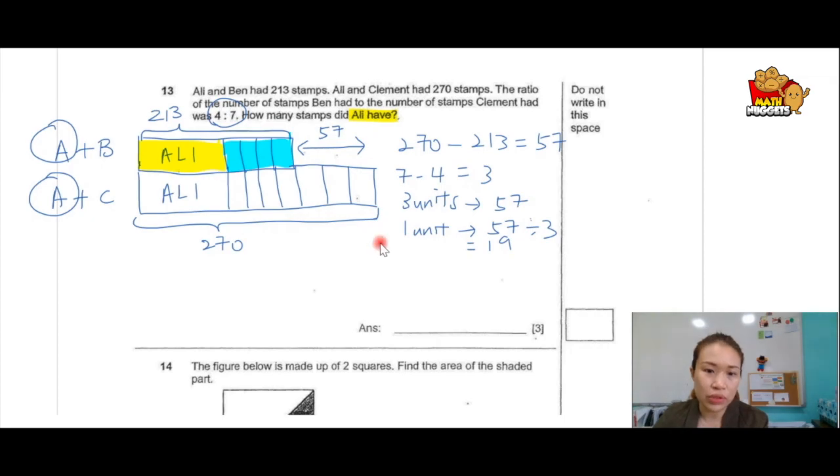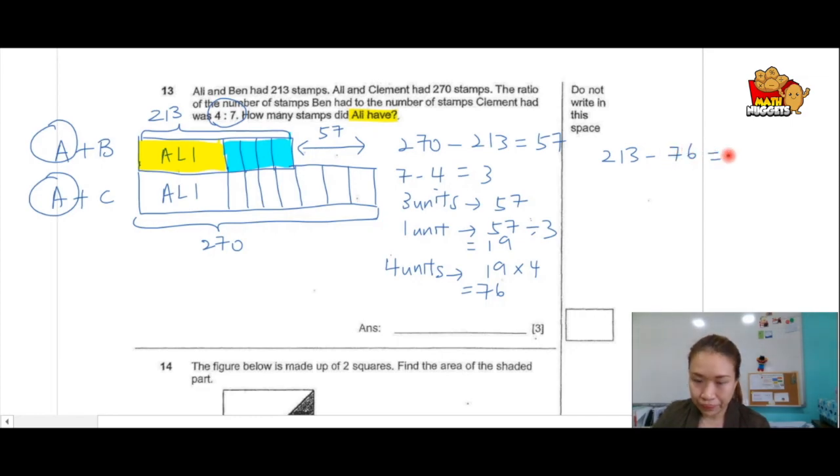So now let's find 4 units. 19 times 4 is 76. Then I'll be able to take the total of Ali and Ben, which is 213, minus Ben. I get 137. And that is the answer for Ali.